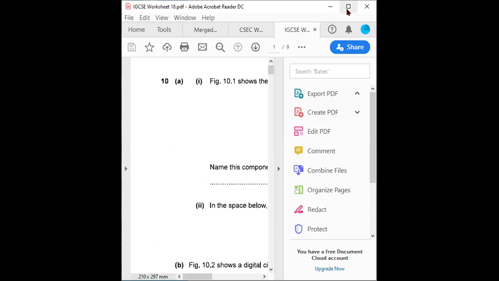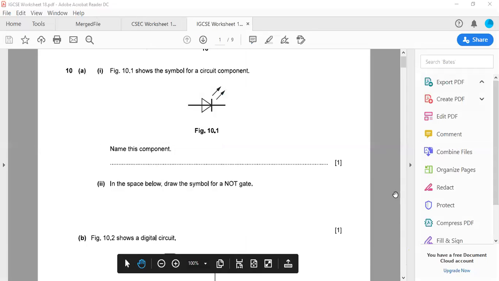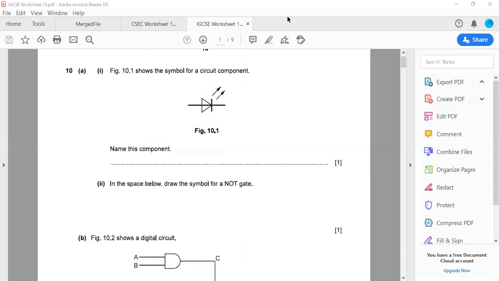I'm just going to resend it for those who haven't seen the documents posted.